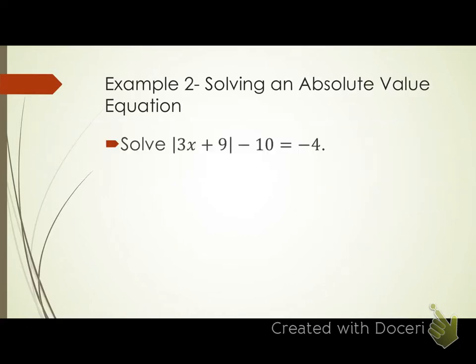All right, knowing that information, let's look at example 2. Solve the absolute value of 3x plus 9 minus 10 equals negative 4. Raise your hand if you can help me out here.